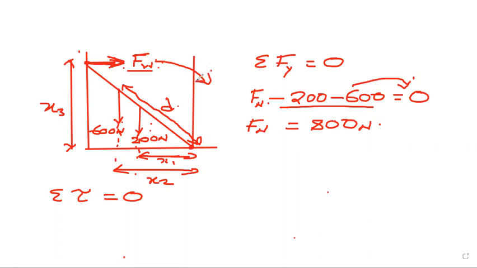The 600 Newton weight and the 200 Newton weight will cause an anti-clockwise torque. So these 200 and 600 will be positive torques.